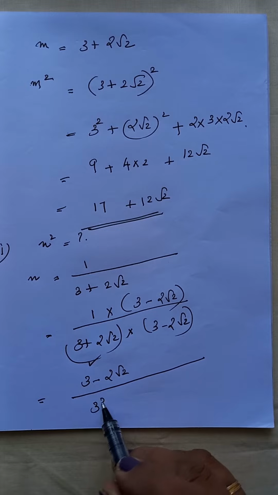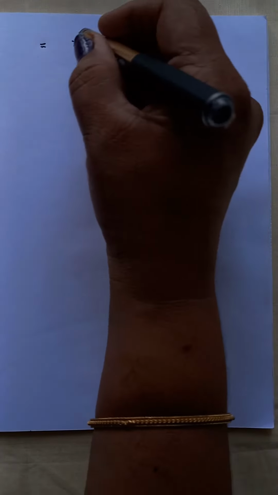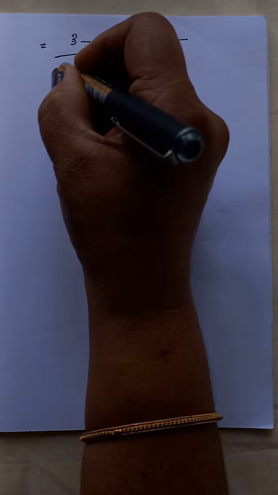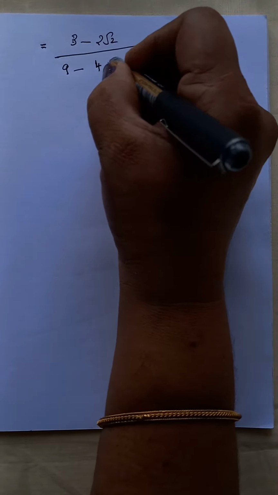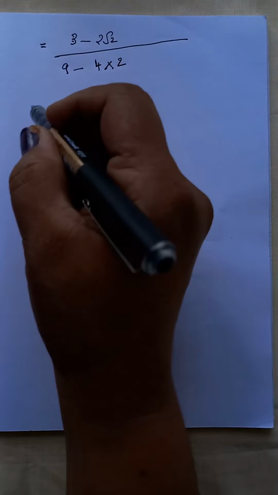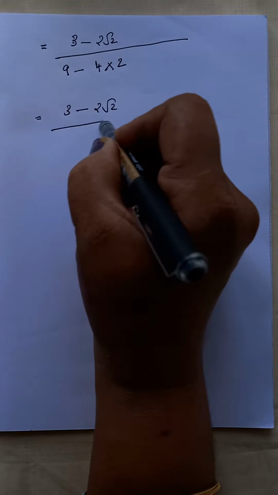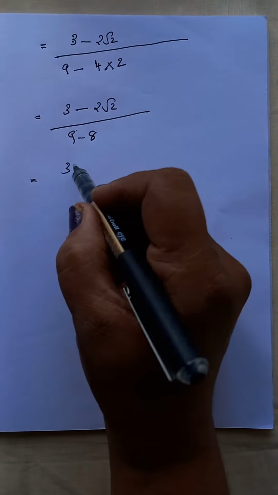So 3 square minus 2 root 2 square. That is equal to 3 minus 2 root 2 divided by 3 square, that is 9, minus 2 square is 4 into root 2 square is 2. That is equal to 3 minus 2 root 2 divided by 9 minus 8. That is equal to 3 minus 2 root 2.